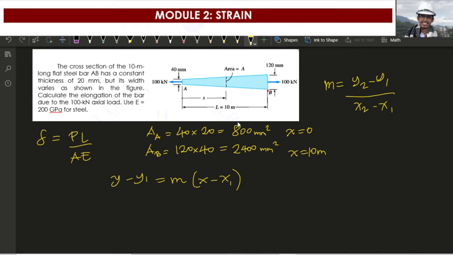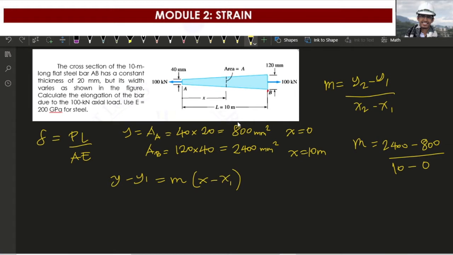So yung slope natin actually, yung y natin, ito yung area, okay? So let's consider the y to be the area, okay? So let's call the area B to be the y2, okay? So yung slope natin, that will be 2,400 minus y1, that is yung area A, 800, over x2, that is 10 minus 0.